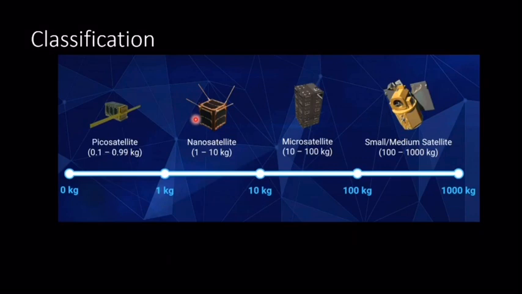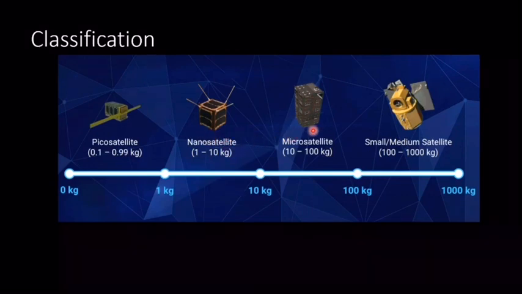So the standard defined a lot of configurations of CubeSats, including 3 units, 6 units, 12 units, up to 27 units. If a CubeSat is 27U, then theoretically it will be called a microsatellite. So we define the standard that a CubeSat can either be a nanosatellite or a microsatellite.